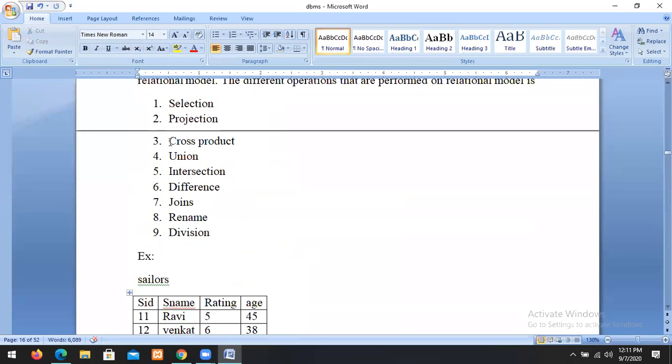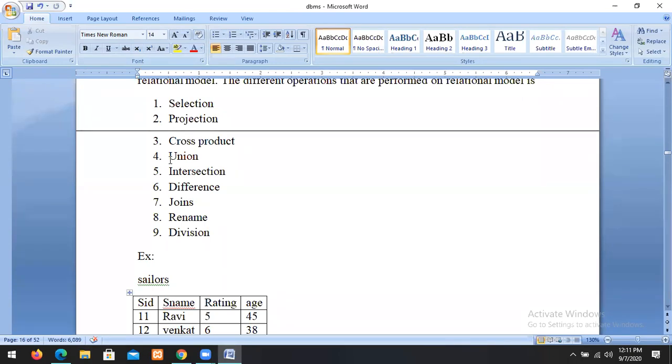Then cross product. Cross product means each row of the first table is joined with all the rows of the second table. So the resultant table has n into m rows and n plus m columns. That's what is called the product. Union: the union of two tables contains the rows of the first table or second table or both.